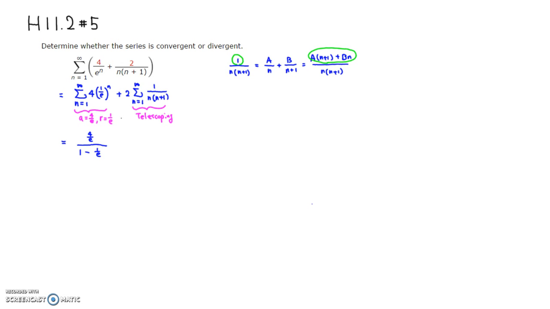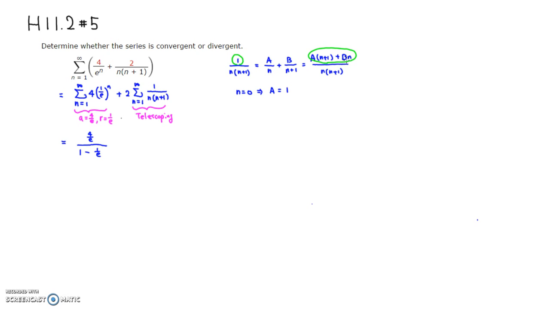The easiest way to find a is to get rid of b by setting n equal to 0. So it's a times 0 plus 1, which is a, and b times 0 is 0, and this has to be equal to 1. So a is equal to 1.